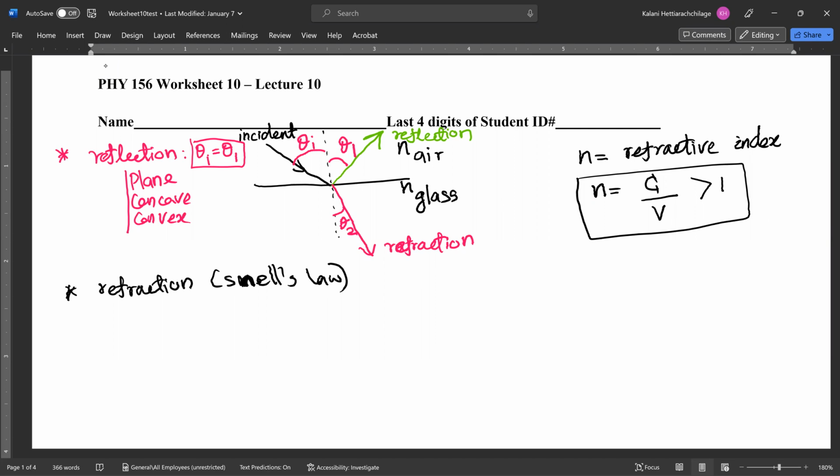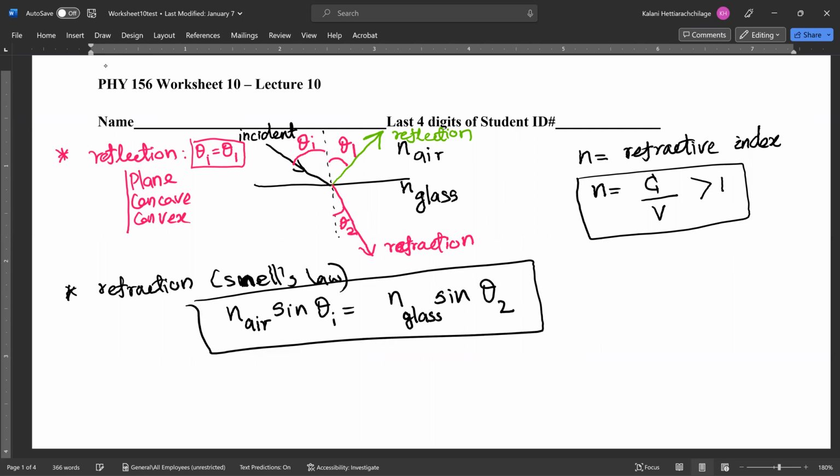So Snell's law says that n of the incident media, here air, times the sine of the incident angle is equal to n of the second media, in this case glass, times sine of theta 2. All these angles are measured with respect to the normal line.